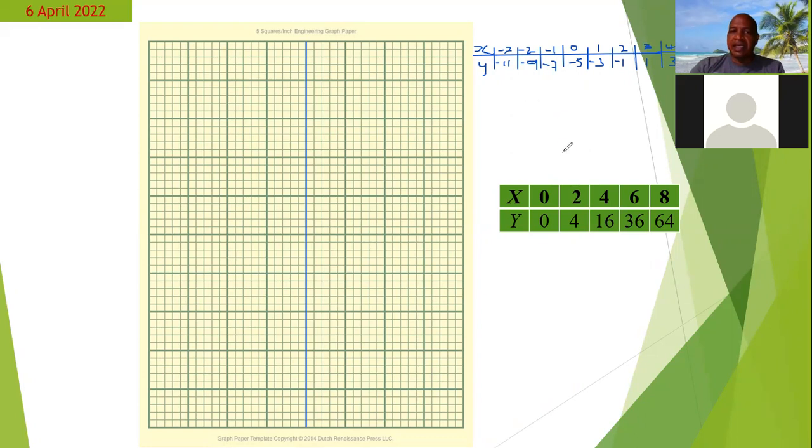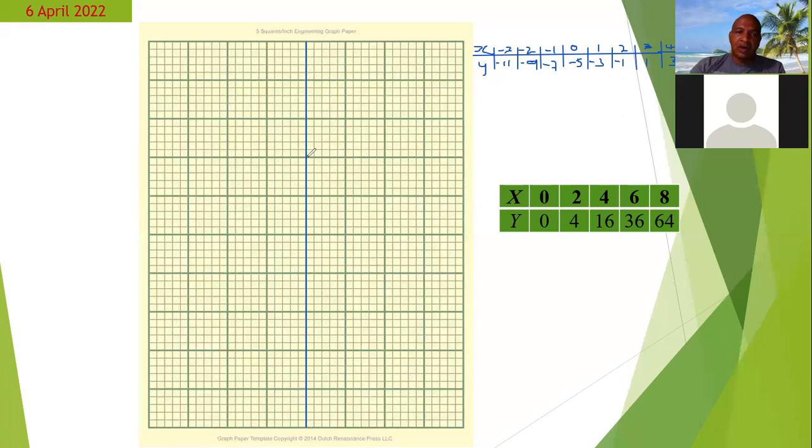If we're going to use a centimeter for a scale, remember these medium squares are the centimeters, we want to go down to -11.